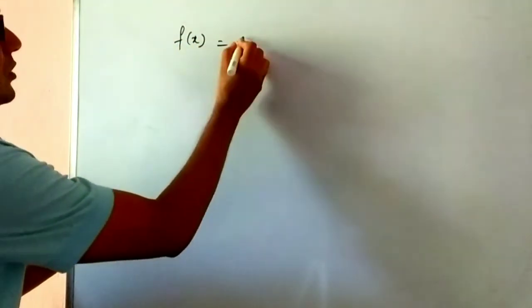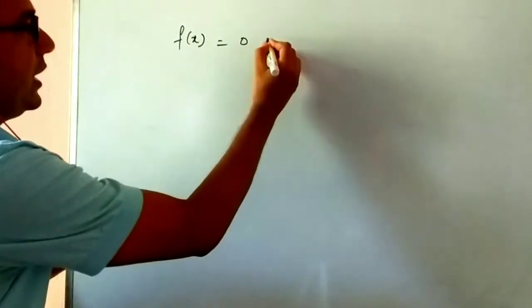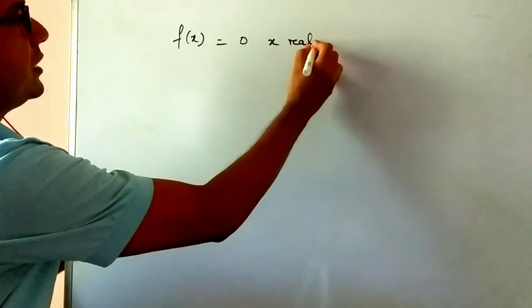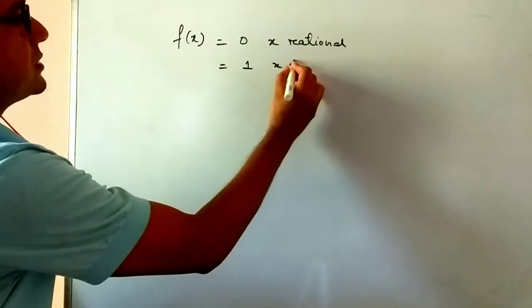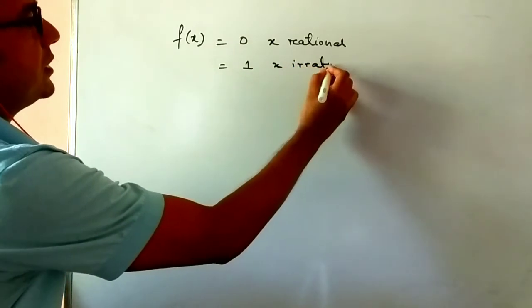f(x) equal to 0 for x rational, equal to 1 for x irrational.